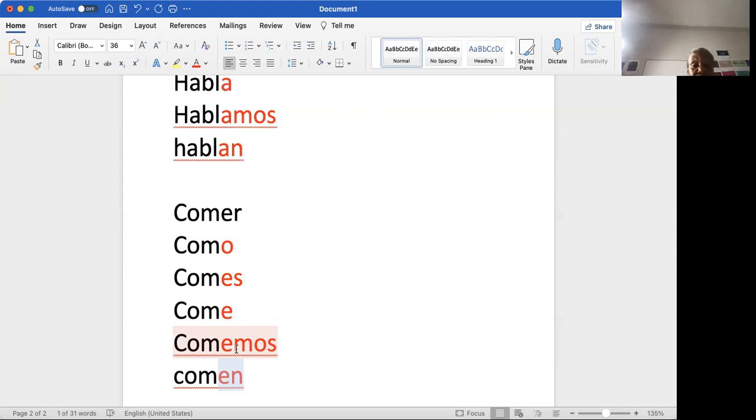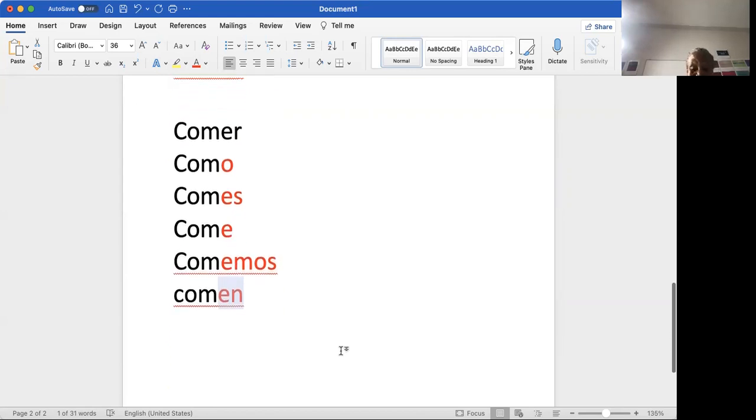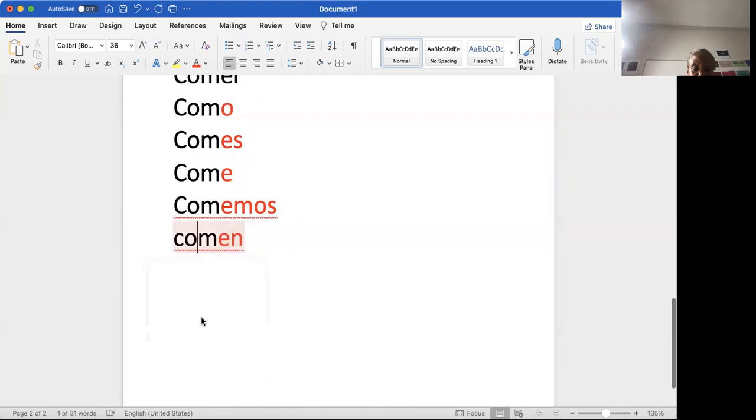But if I give you, for example, the verb estar, you can't conjugate that verb because it's irregular. It does not follow the rule.